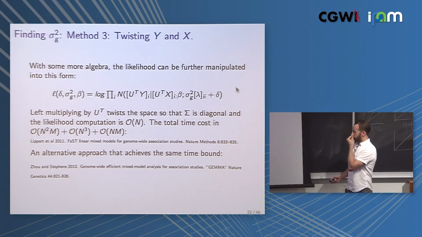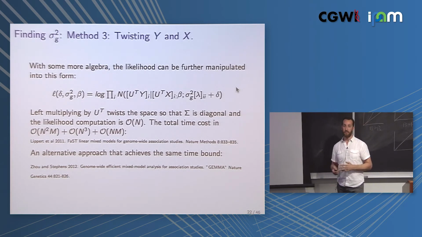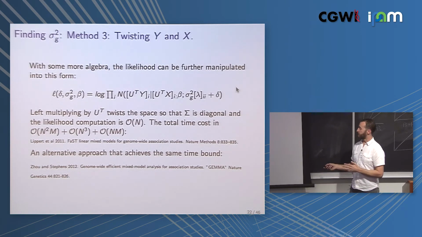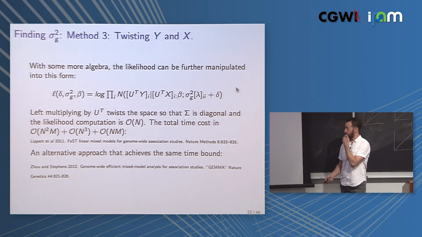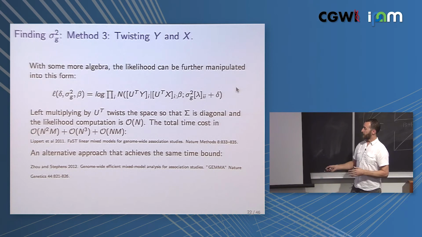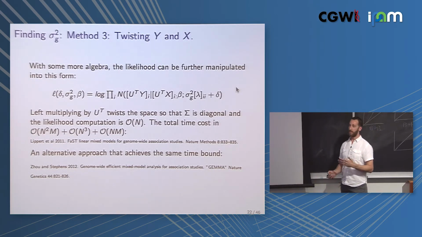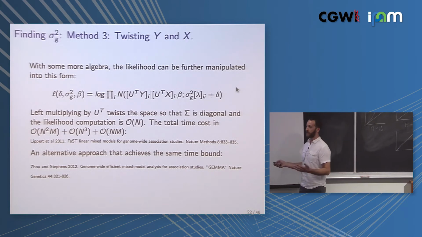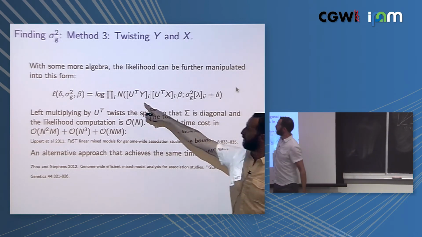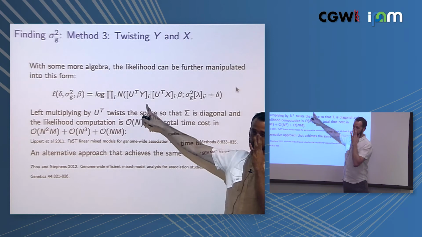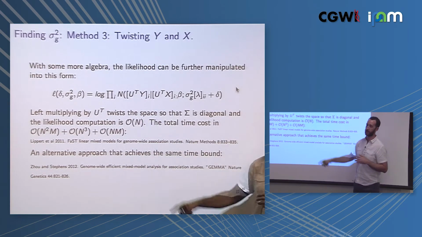The next big advance came at the same time from the Microsoft group and from the Stephens group. And they did it differently. This one is a little bit easier to talk about. The idea here was to take this U and just twist the phenotypes and twist the fixed effects.